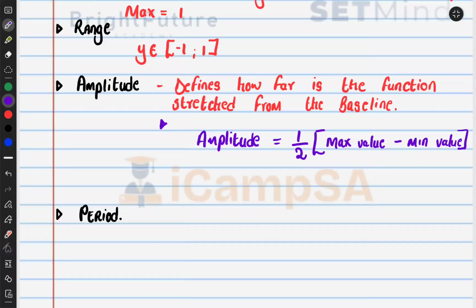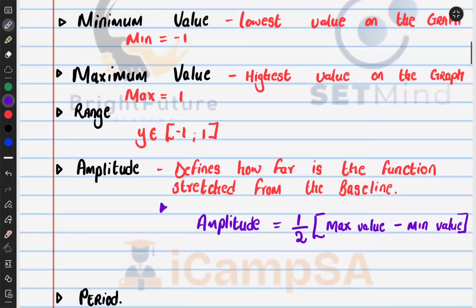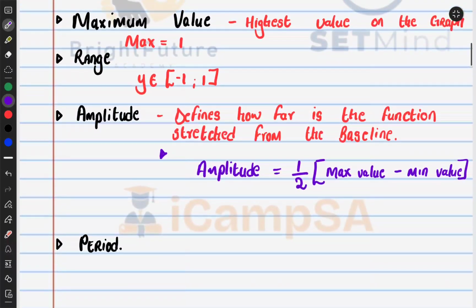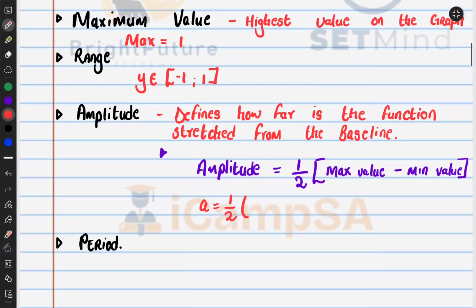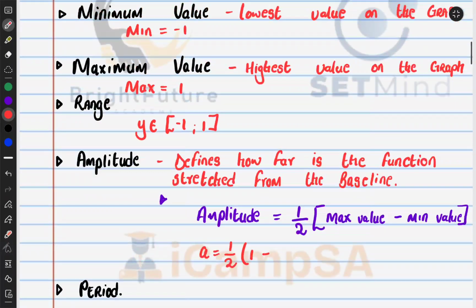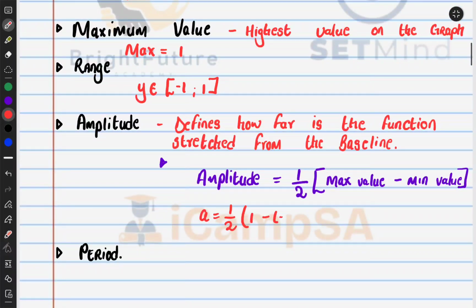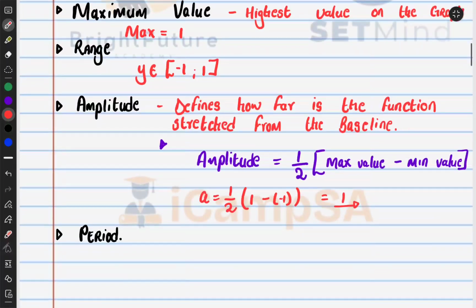If you use this formula, you will get your amplitude. So let's calculate the amplitude for this function. Our a is gonna be 1/2 into the max value, which is 1, minus the min value, which is -1. 1 plus 1 is 2, divided by 2. The amplitude is gonna be 1.